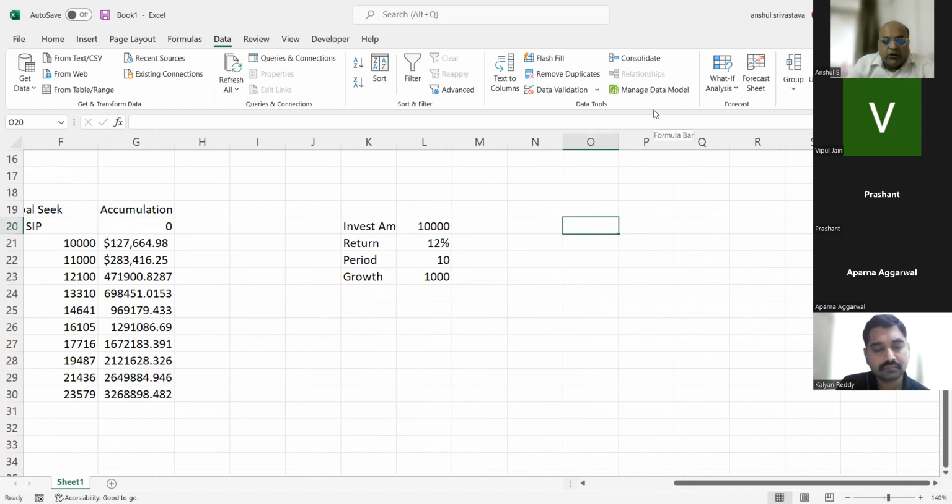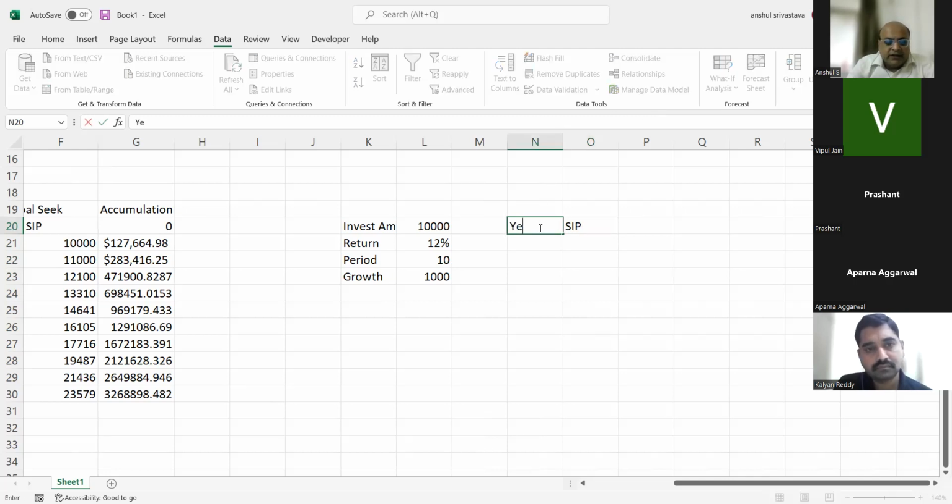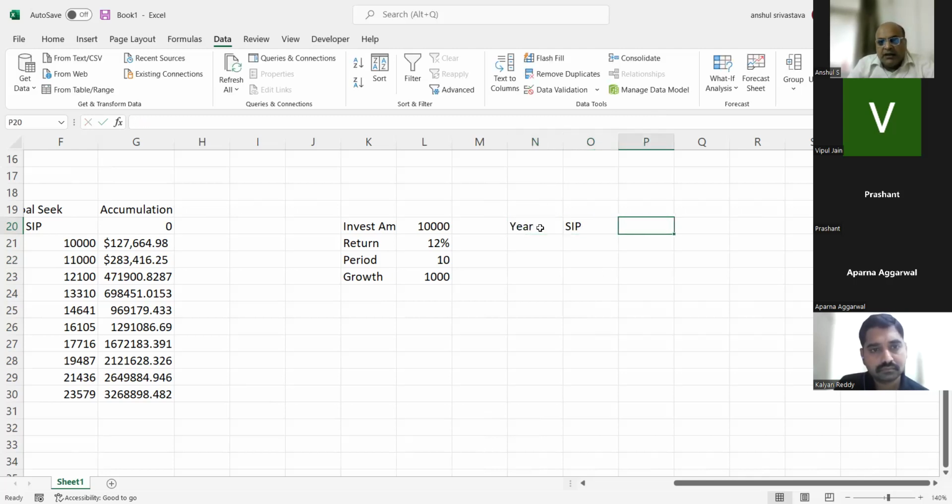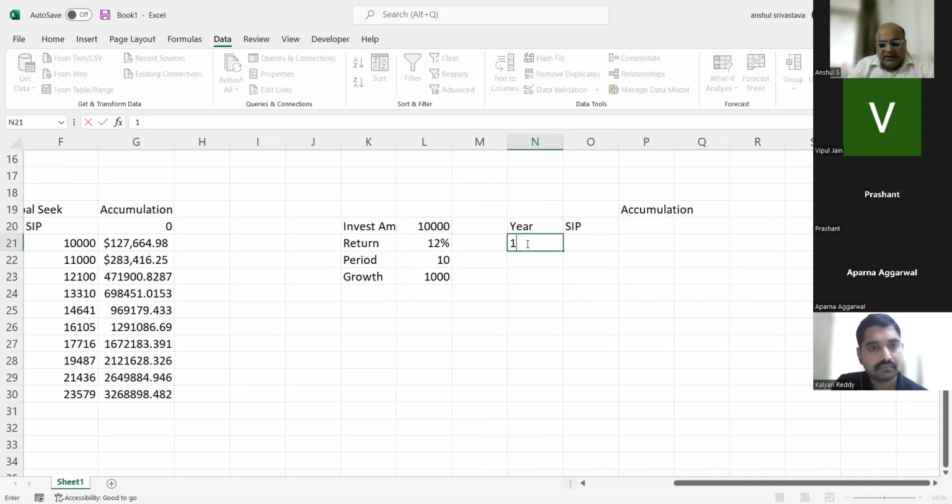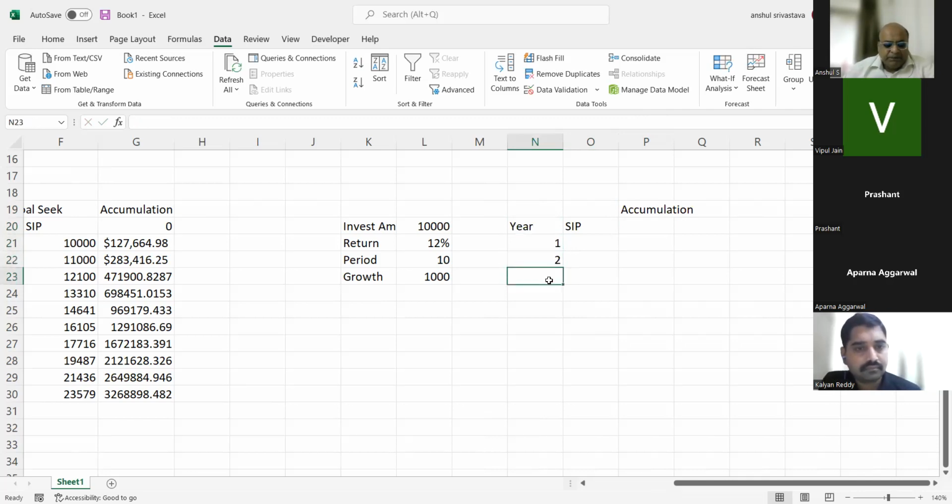So we will do SIP. First is year, SIP, and accumulation. Now, year is 1 से लेकर के 10 तक वही रखते हैं. Let's keep our time horizon of investment the same.